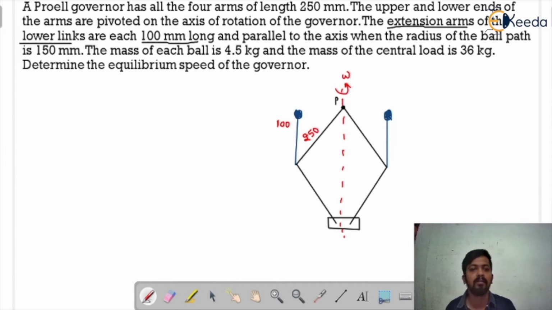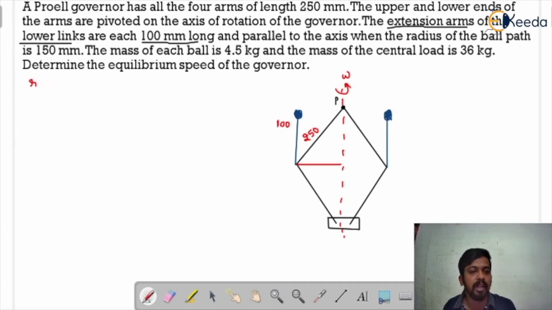The extension of the lower link is parallel to the axis, and the radius of the ball path is 150 mm. That means the radius of rotation of the balls is 150 mm. Because this is parallel to the axis of rotation, this would be equal to 150 mm, and similarly this would also be equal to 150 mm.